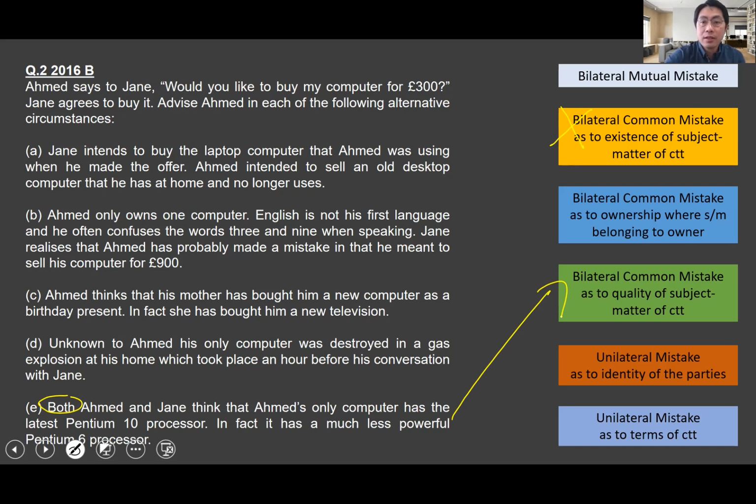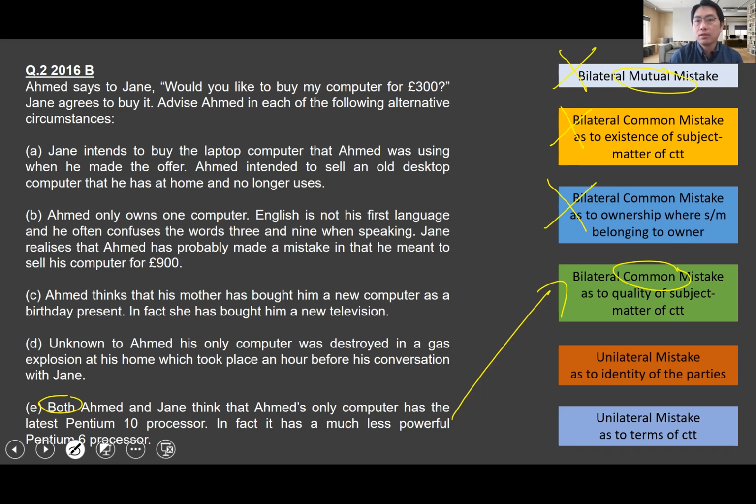Now, clearly, it's nothing to do with ownership. Okay? Now, it's not a mutual mistake either, because mutual mistake refers to where they are respectively mistaken as to different things. But here, for part E, they are both mistaken as to the same thing.